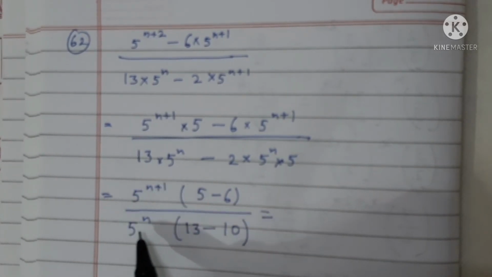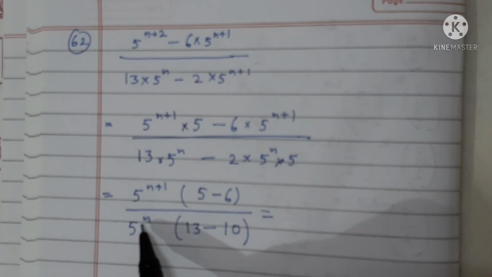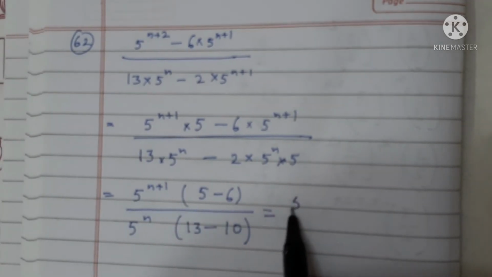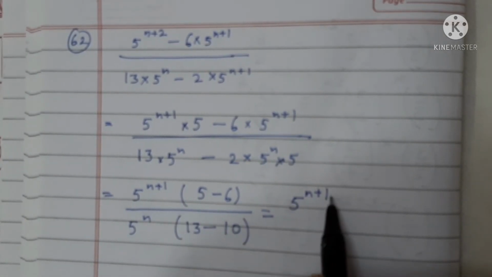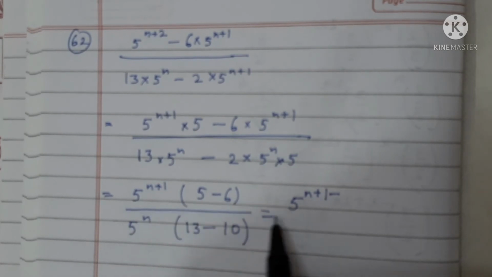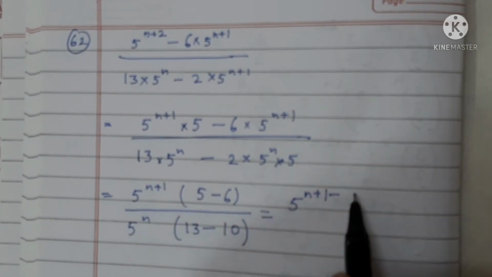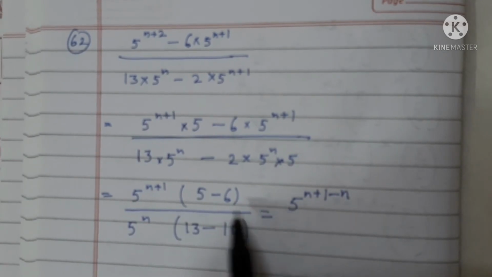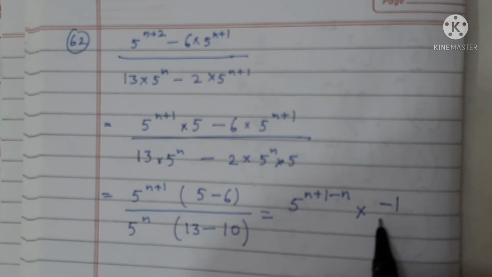These powers: 5 to the power of n plus 1 in the numerator, and in the denominator 5 to the power of n. So you can write 5 to the power of n plus 1, and n will subtract because it is in the denominator, so minus n. Now in the bracket you will get minus 1 upon 13 minus 10, means 3.